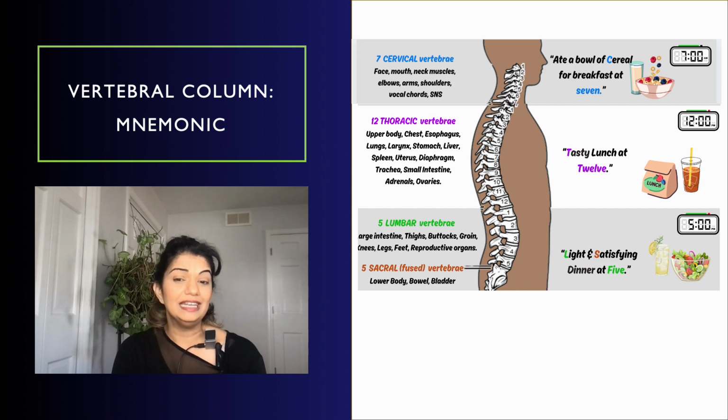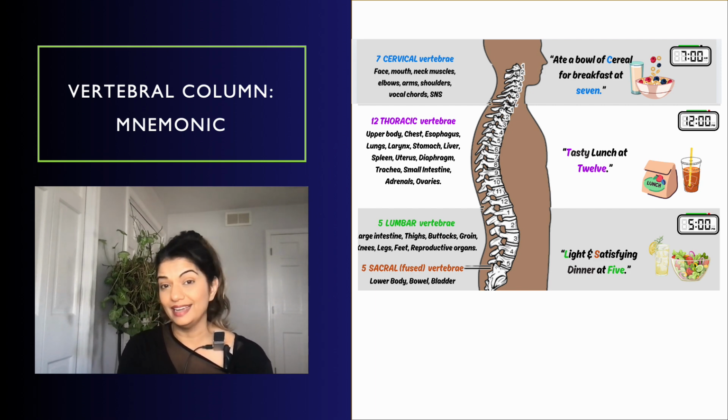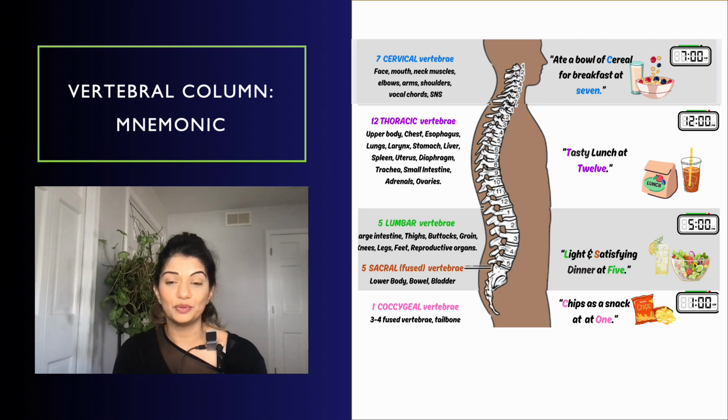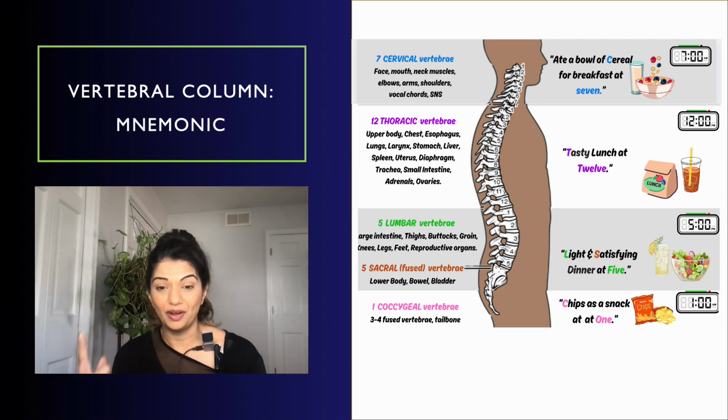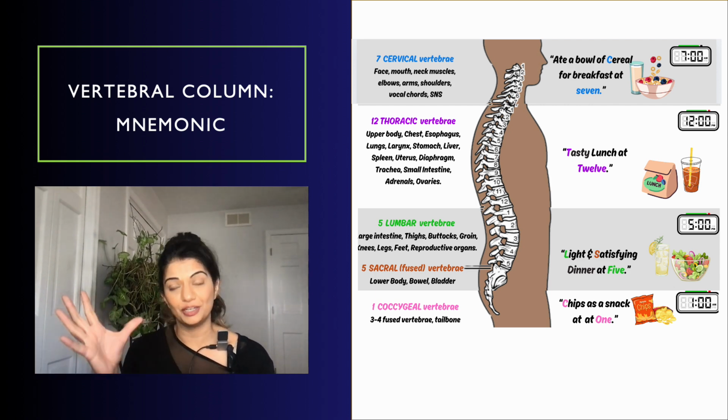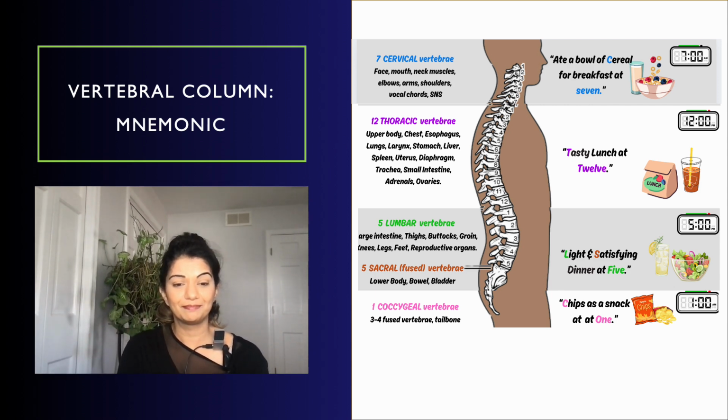Then we've got light satisfying dinner at 5. So light, or L, is for lumbar, S is for sacral, and they're both going to be 5 vertebrae there. And then of course we've got chips as a snack at 1. So chips basically means it's coccygeal, and 1 means 1 vertebra here. So it's actually 1 fused vertebra, but there you have it.